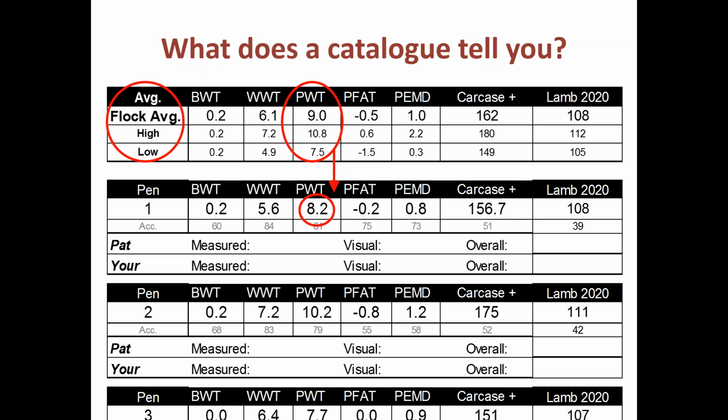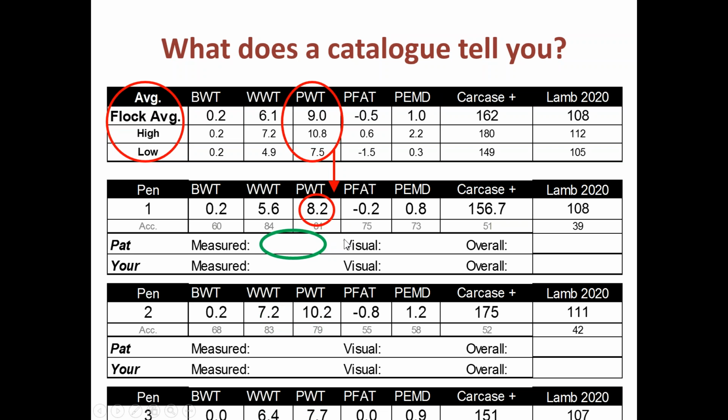That's the start of the process, but what it doesn't tell us is where 8.2 sits across the industry generally. We're happy enough with this flock, but if we went to other flocks, would we see something quite different?